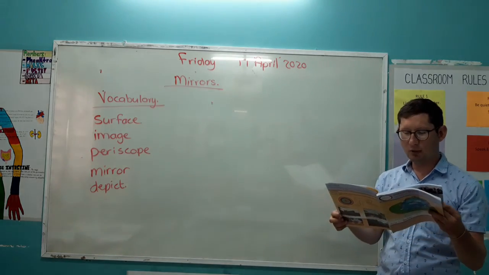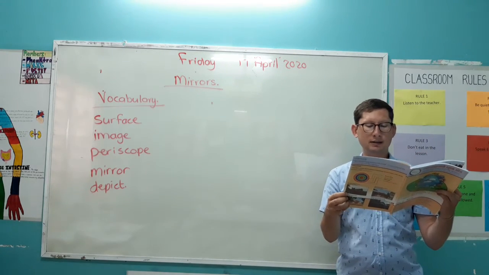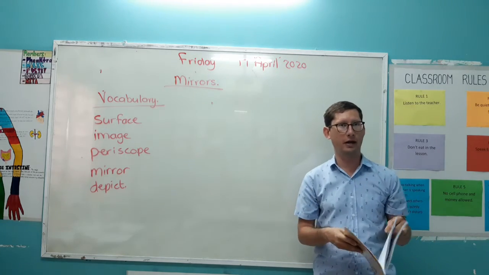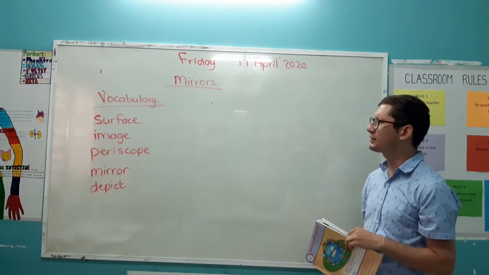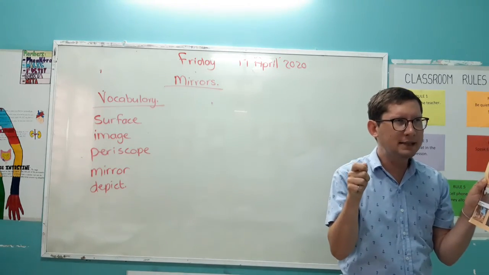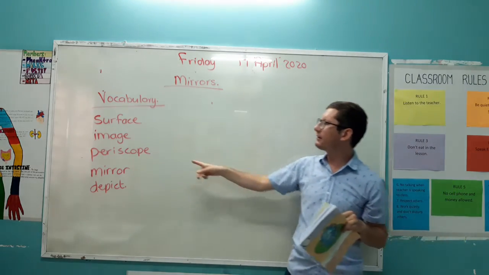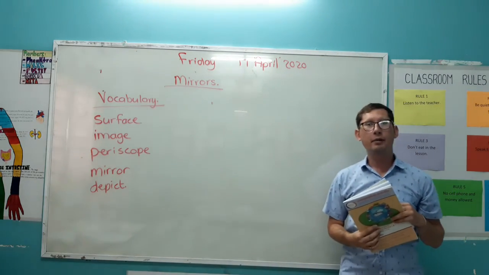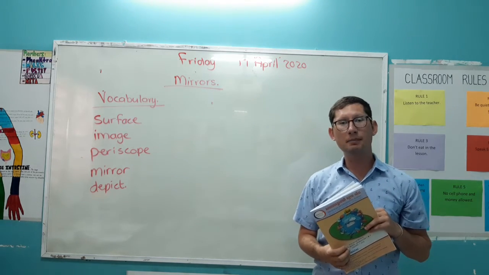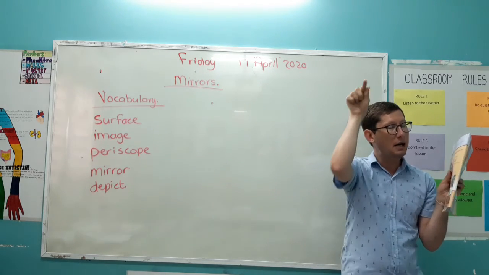A periscope. What is a periscope? A periscope is an instrument with tilted mirrors that allows you to see over the top of something. So where can we find a periscope? We can find a periscope in a submarine, because whenever the submarine is under the water, they look into this device to see what is above the water.